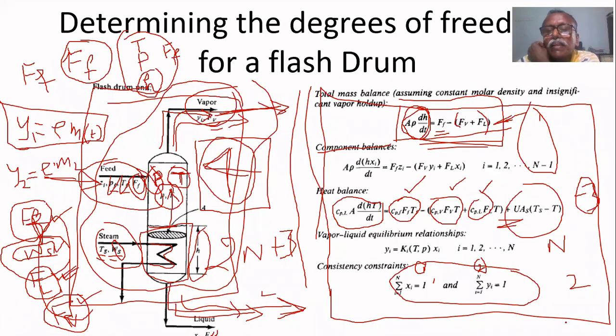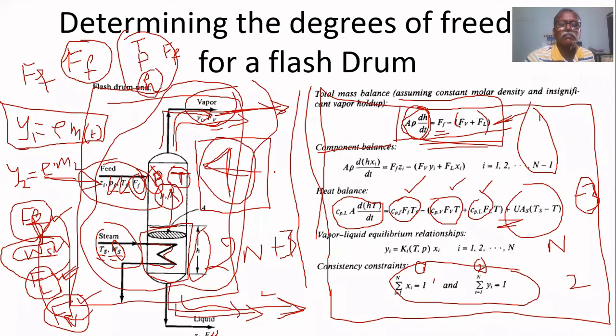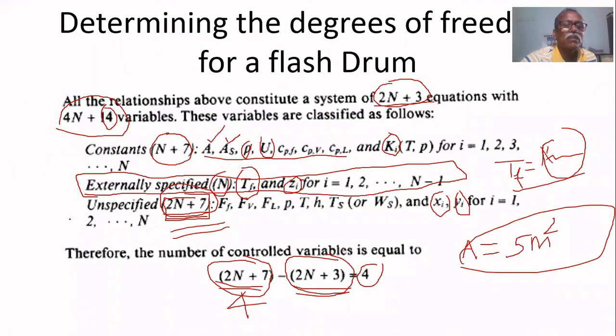What is meant by n in degrees of freedom? Yes, we'll go to degrees of freedom. N means the number of equations here.